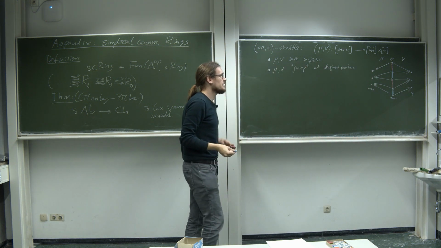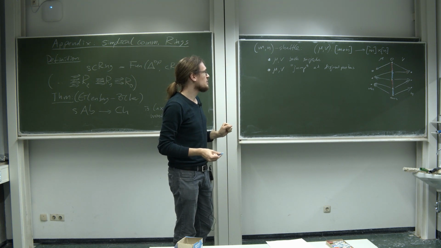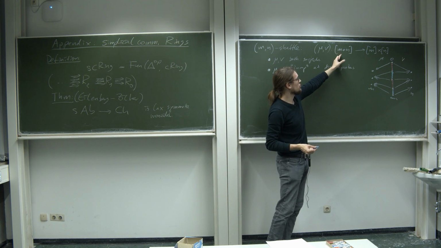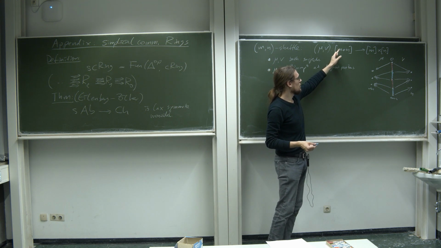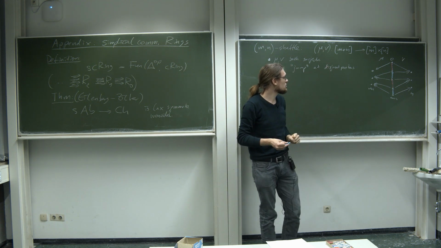And you will see that at each position, exactly one of them jumps. This is always true under this condition by an easy counting argument. There's m plus n total jumps, and mu has to jump at n positions, nu has to jump at m positions.